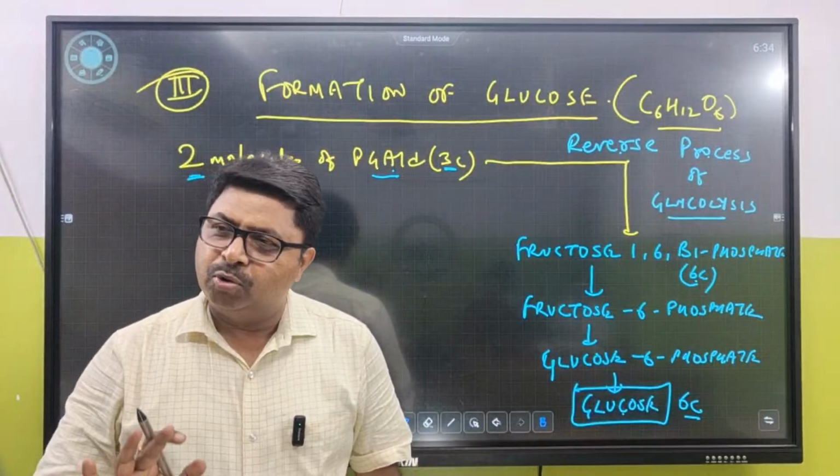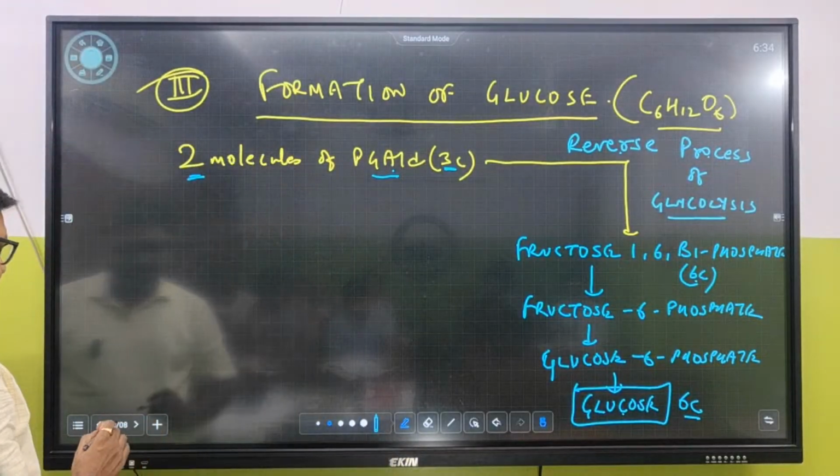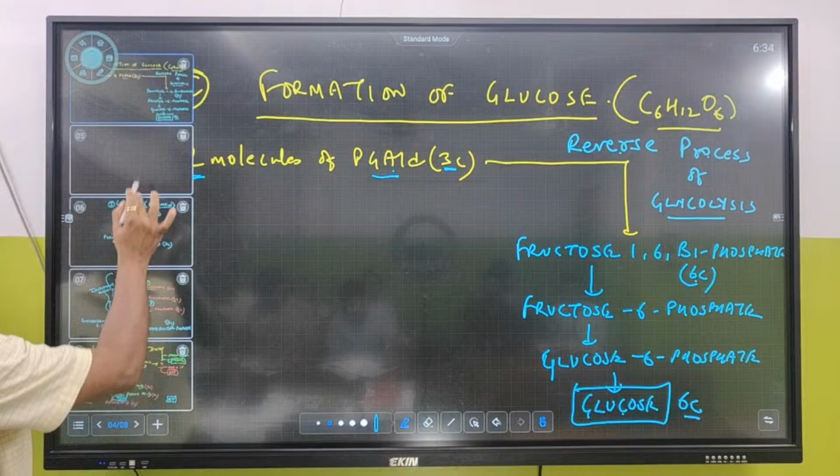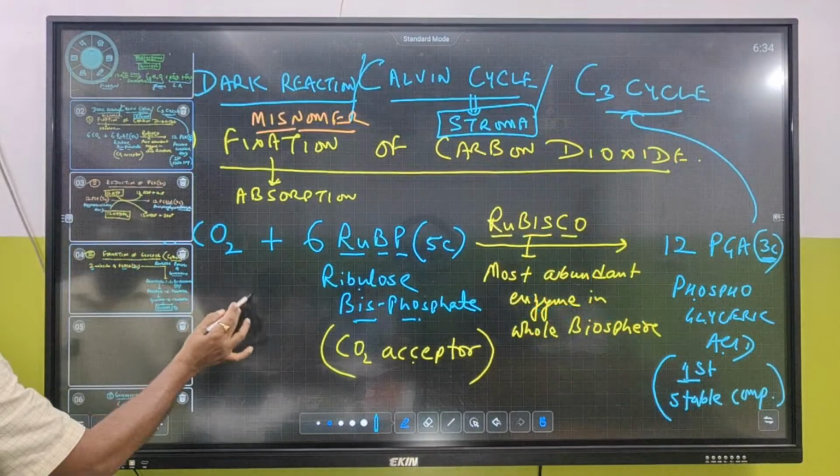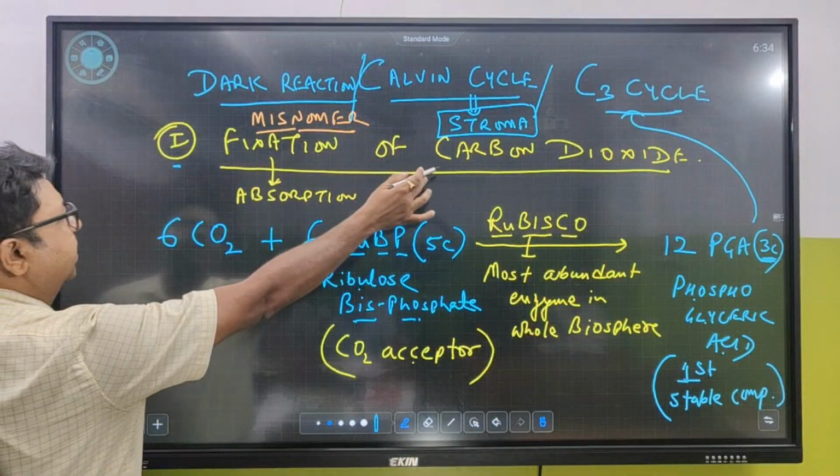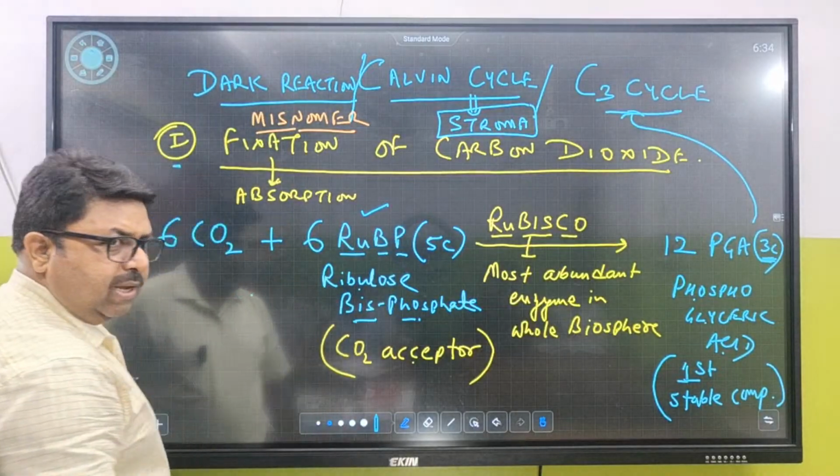Glucose has now been formed. But the problem is, we started our journey with what? We started with fixation of carbon dioxide. You fixed it with the help of RuBP.